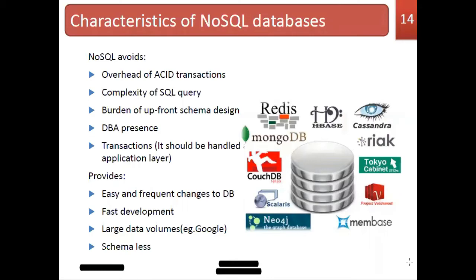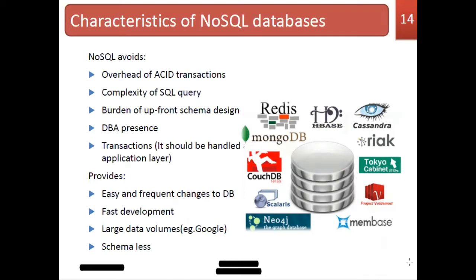There is no need to strictly follow the ACID properties that we use in the relational database model, where the desirable properties of a transaction are ACID, which we discussed already. And the complexity of SQL queries can be avoided here. No need to write very complex SQL queries.